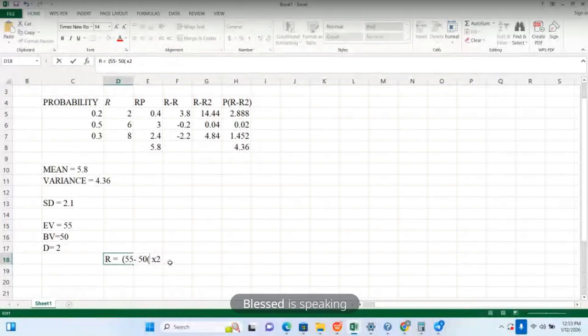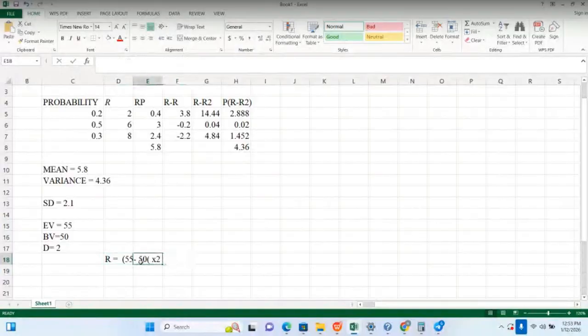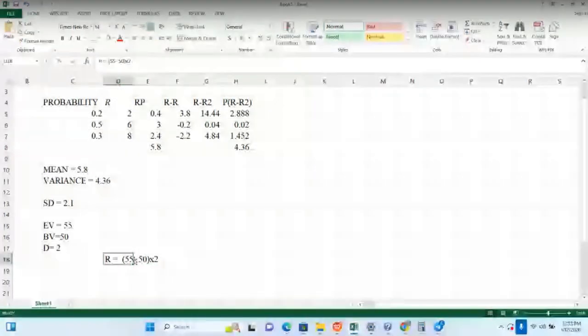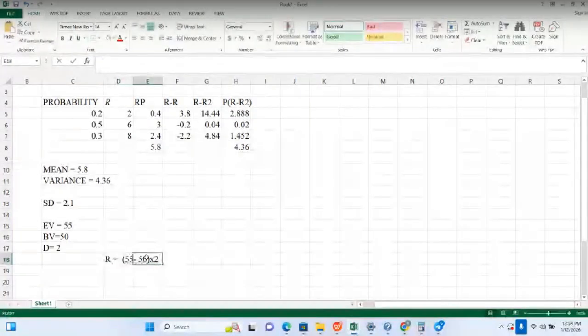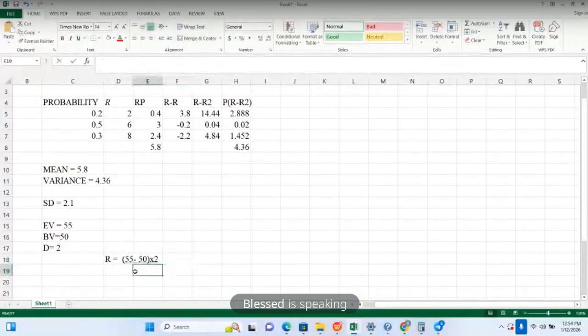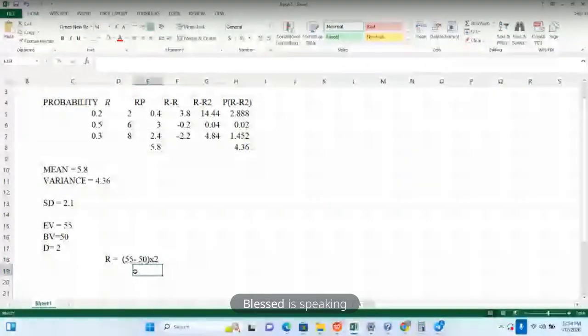Then we have all over what? All over 50.